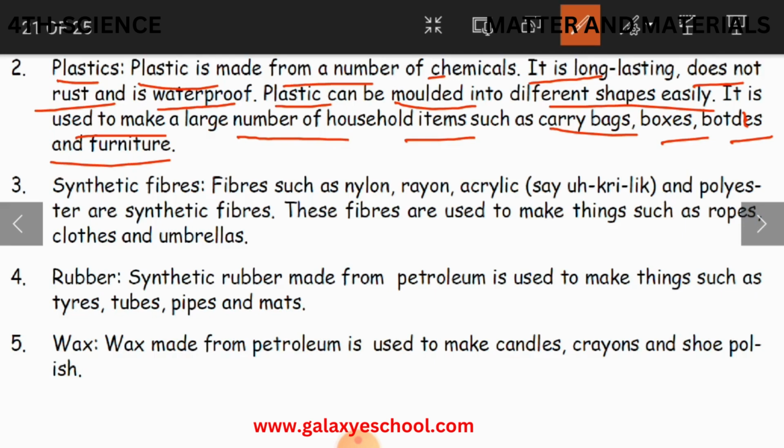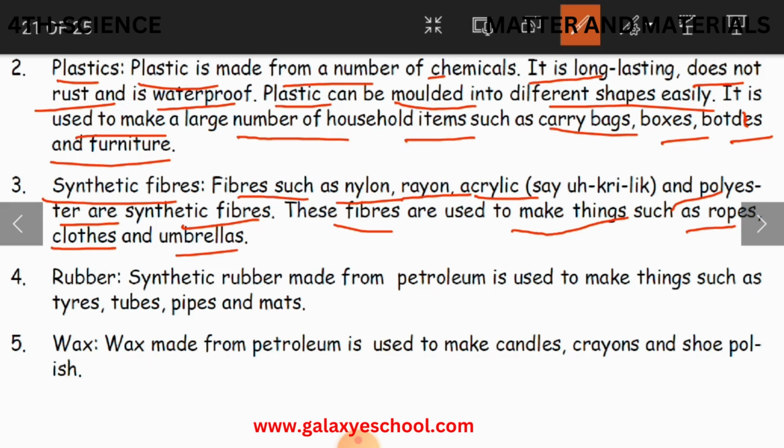And what are synthetic fibers? Fibers such as nylon, rayon, acrylic and polyesters are synthetic fibers. These fibers are used to make things such as ropes, cloths and umbrellas. Like I already said, in cloth we have learnt about three types: cotton, linen, and jute also.